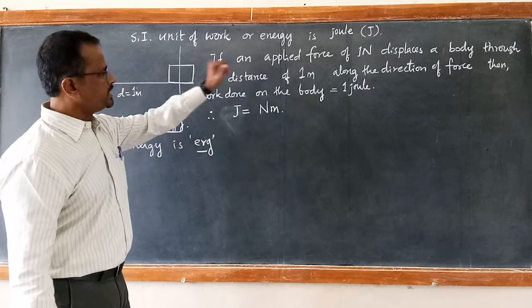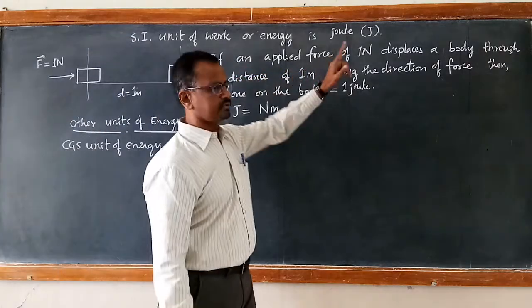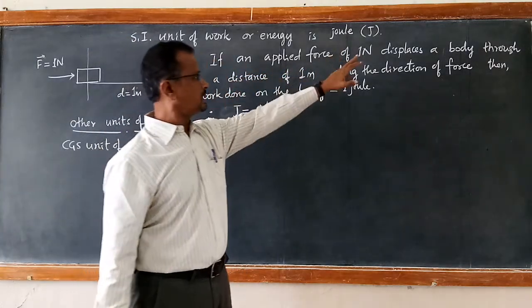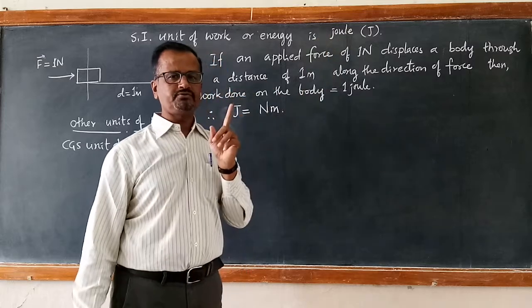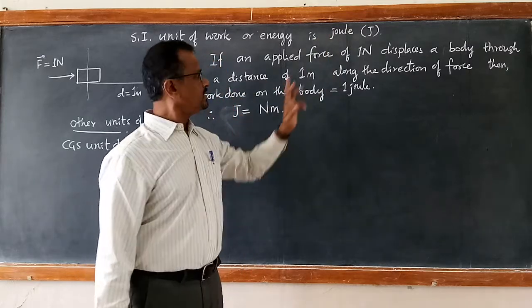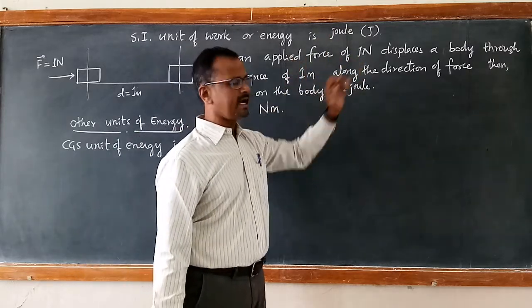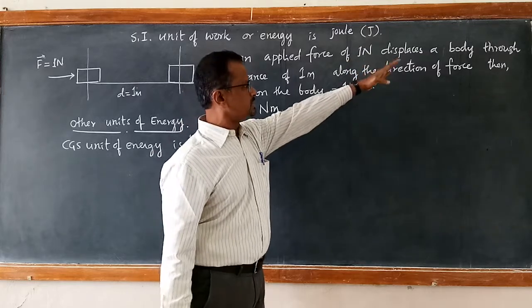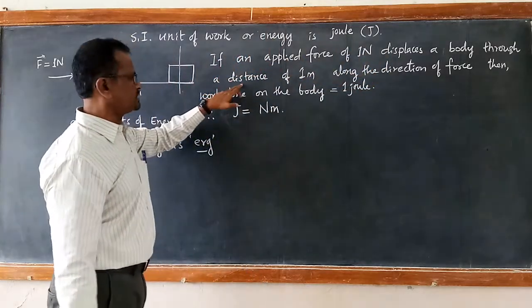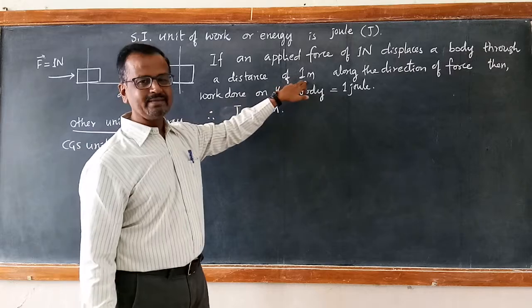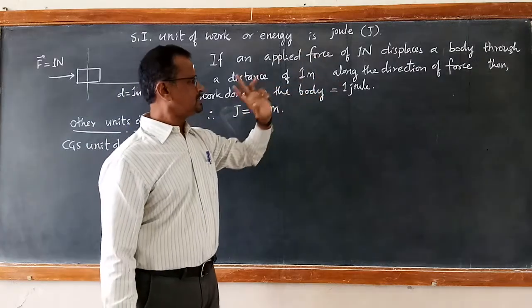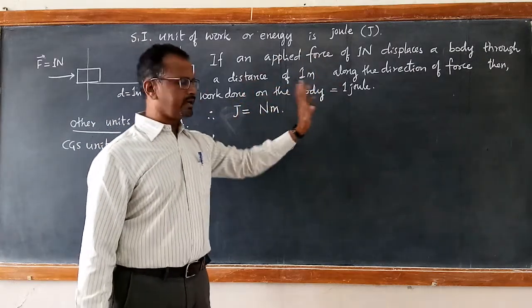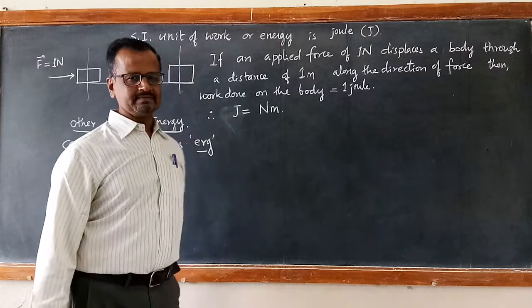On similar lines, if an applied force of 1 dyne, see here, dyne is the CGS unit of force, changes the position of a body through a displacement of 1 centimeter, then the work done on the body is 1 erg.